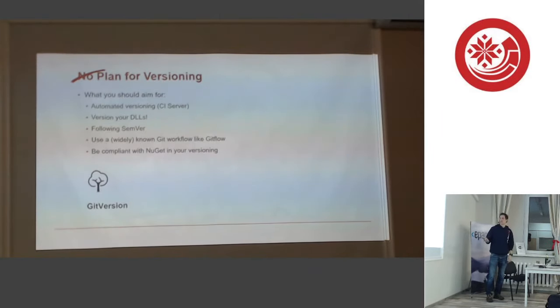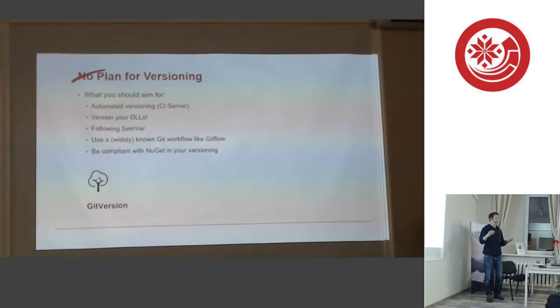To do all that, we use GitVersion. Anybody knows GitVersion? It's an executable, an open source tool, and it calculates the version based on your Git workflow, which is amazing. So if you tag a version in your Git repository, it picks that tag up.